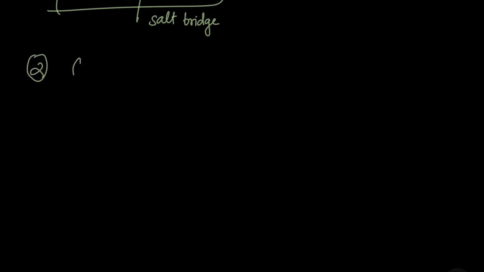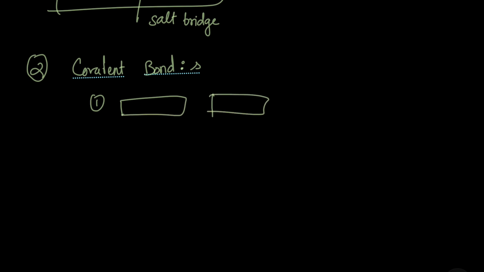Next type of bond is covalent bond. In the covalent bond, there will be the equal sharing of the electrons. Then equal sharing, then we will have what?